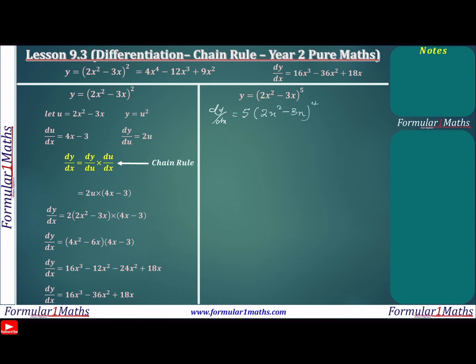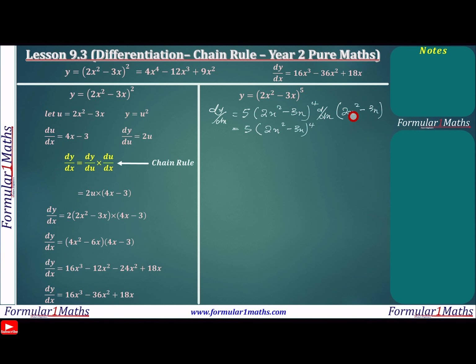And just to remind myself that I need to differentiate what is inside the brackets, I'll write d/dx of (2x squared minus 3x). They're just saying that I need to differentiate that. Then I'll proceed and do this. So this will be equal to 5 times (2x squared minus 3x) to the power 4.